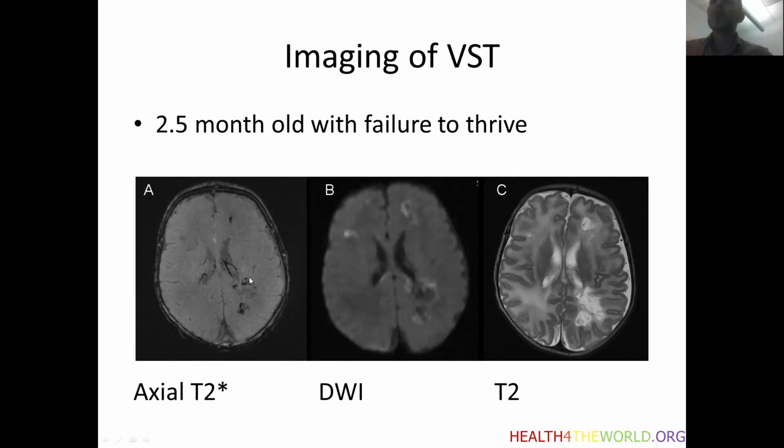And this is due to fairly extensive thrombosis of the medullary venous system. This child was treated with anticoagulation, but on a follow-up scan 6 months later, you can see that these areas where there has been venous ischemia and hemorrhage have progressed to cystic encephalomalacia.